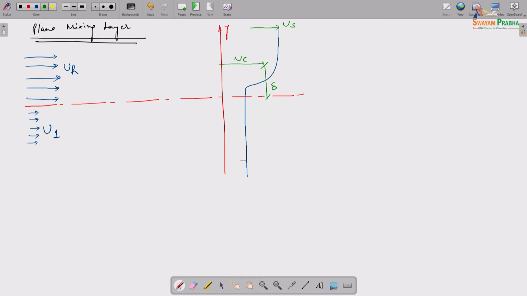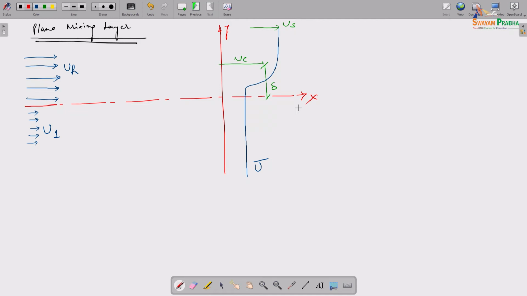So this curve is essentially for the U mean. Now let me write down a few things so that we understand.